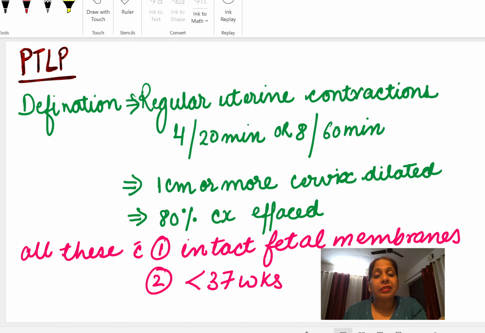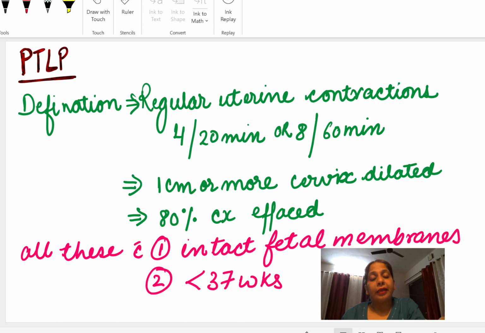And if the cervix is dilated 1 centimeter or more, then again it is preterm labor pain. And if the cervix is effaced more than 80 percent. As I already told you, in Bishop's score also, where we were assessing the cervical status of the patient in labor, there were two main components, cervical effacement and cervical dilatation.